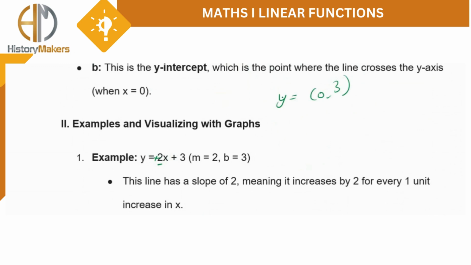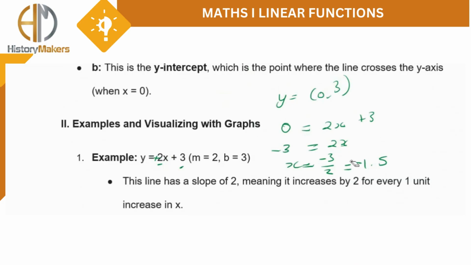We put y as 0, so 0 equals 2x plus 3. Then we subtract 3, so negative 3 equals 2x, and then x would be negative 3 over 2, which is negative 1.5. So we have x as negative 1.5.